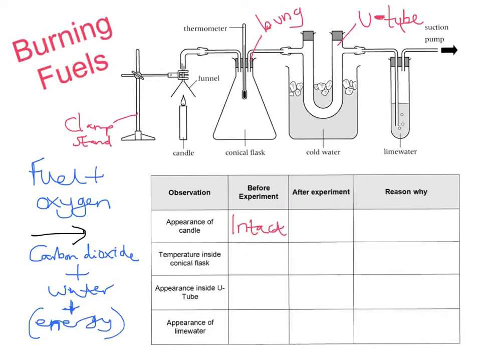The temperature inside the conical flask most likely is going to be air temperature, so let's say room temperature, 22 degrees C. The appearance inside that U tube is going to be clear. And the appearance of lime water: lime water goes cloudy when there's carbon dioxide, so this is not going to be cloudy, it's going to be clear also.